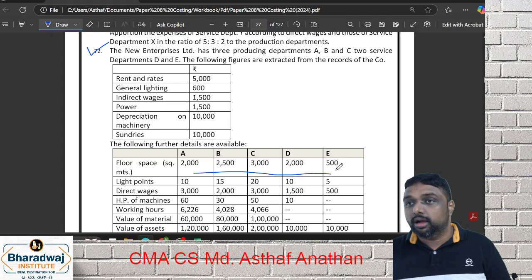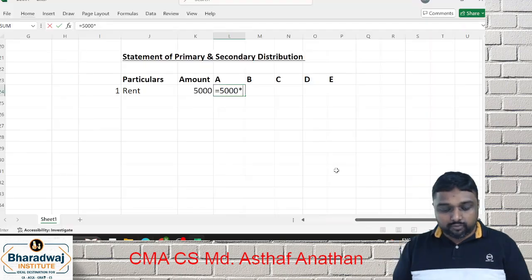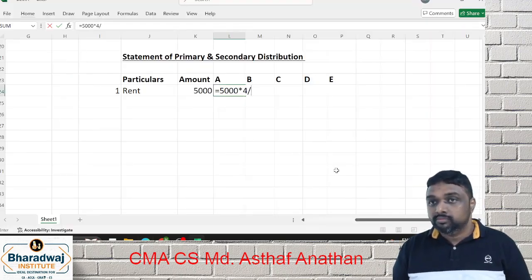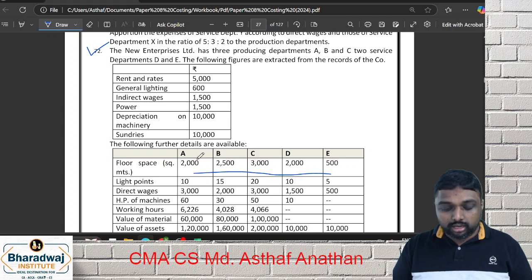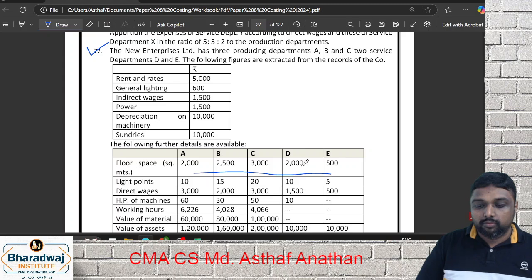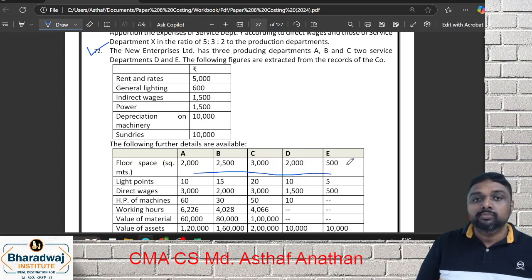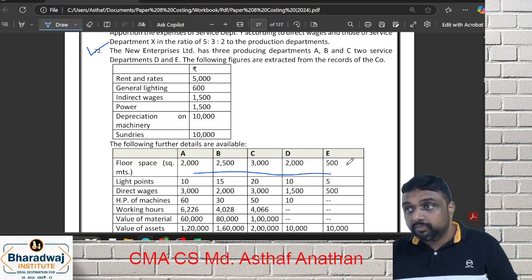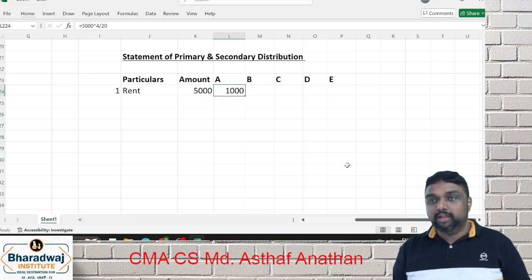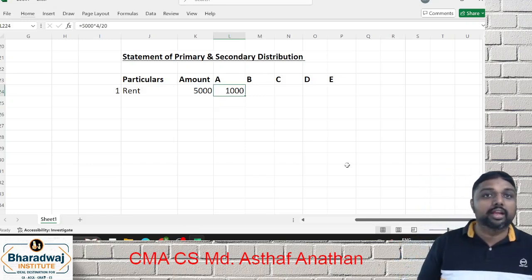What will the answer be? If I take 4 by the total: 4, 5, 9, 9 plus 6, 15 plus 4, 19, plus 1. What is the total, friends? 20. So 4 by 20, you will get 1,000. Are you getting 1,000?